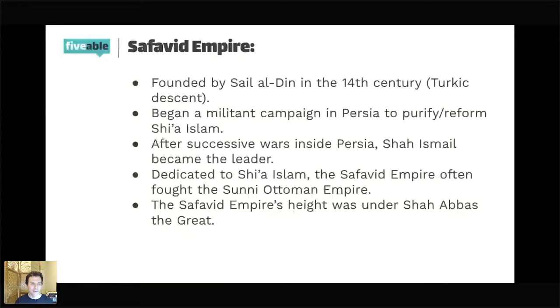So after that militant campaign in Persia to purify and reform Shia Islam, Shah Ismail becomes the leader. And the Safavid Empire is often going to find itself fighting with the Sunni Islam Ottoman Empire. Now, the Safavid Empire's height was under Shah Abbas the Great.